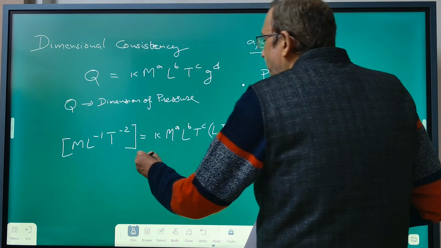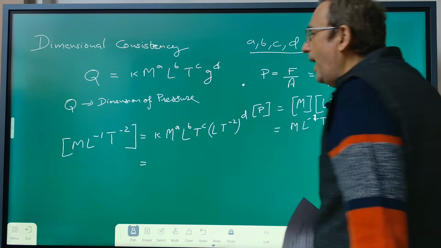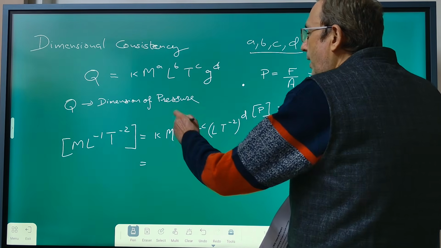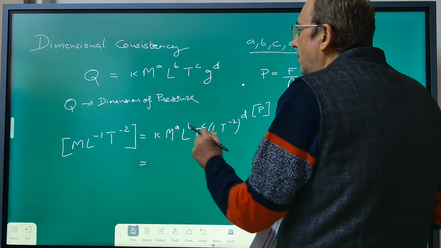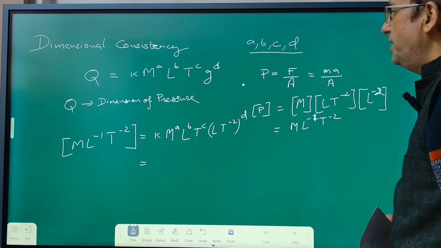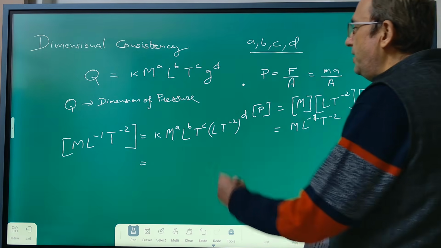We can combine the like terms, mass as a single entity, then L as a single entity, and T also as a single entity.